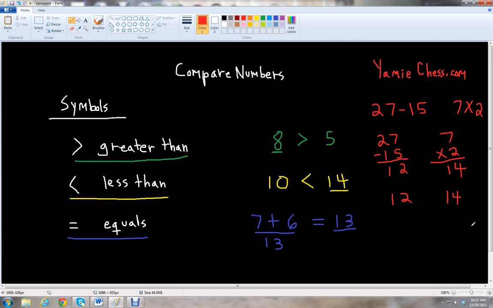We know that 12 is smaller than 14, so we're going to use the less than symbol. So 12 is less than 14. And notice that the alligator mouth of the symbol is pointed towards the larger number, 14, so it's eating the larger number. So 12 is less than 14.